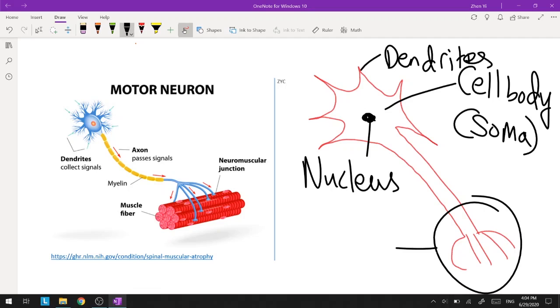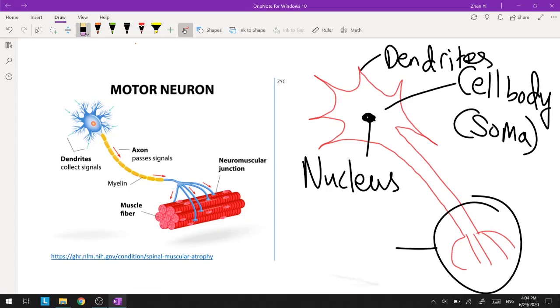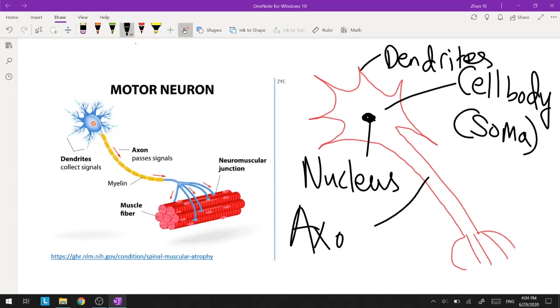The axon terminal, where synapses occur between the receiving cells and other neurons, and the thing that makes this special cell stand out is its axon.